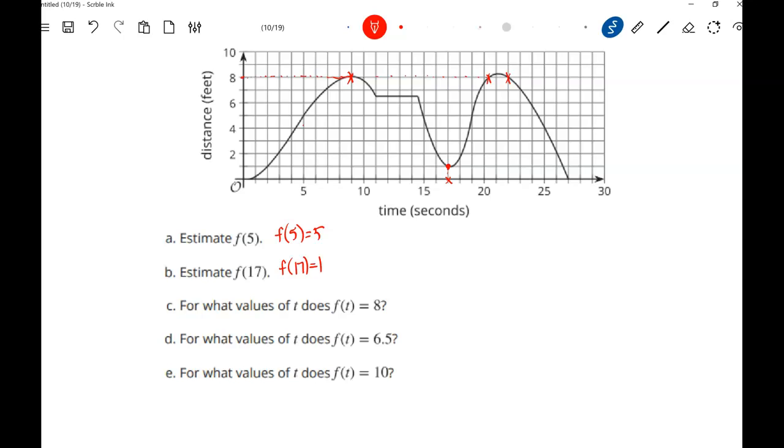So he's 8 feet from his bike at 9 seconds, at about 20.5 seconds, and 22 seconds.